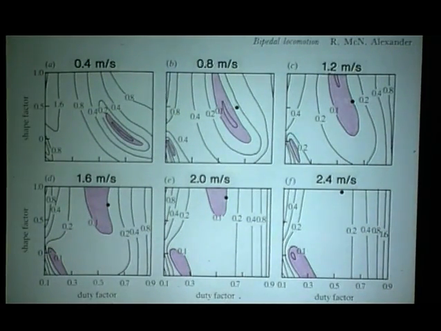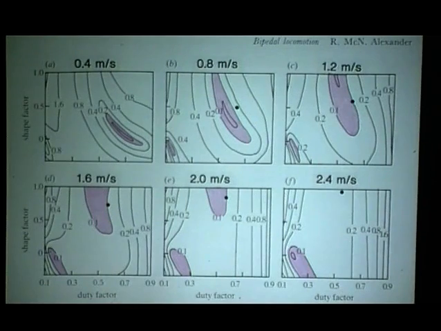Go faster, you see the walking minimum moving further and further up the graph until when you go above 2 meters per second, that minimum has disappeared off the top of the graph. And I should explain that there isn't the possibility of walking with higher shape factors than shown on the graph, that the top of that graph represents the highest possible shape factor, because if you had higher shape factors, then you'd start getting negative forces on the ground.